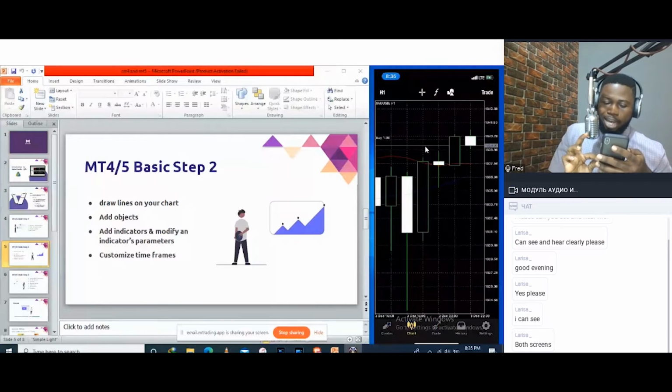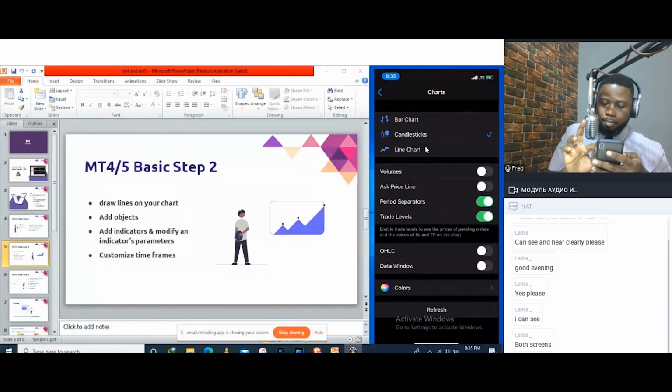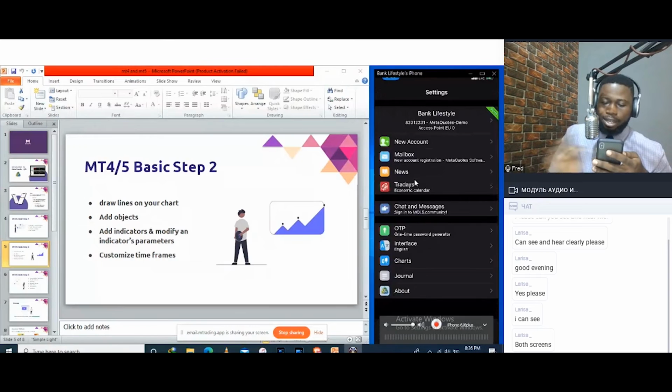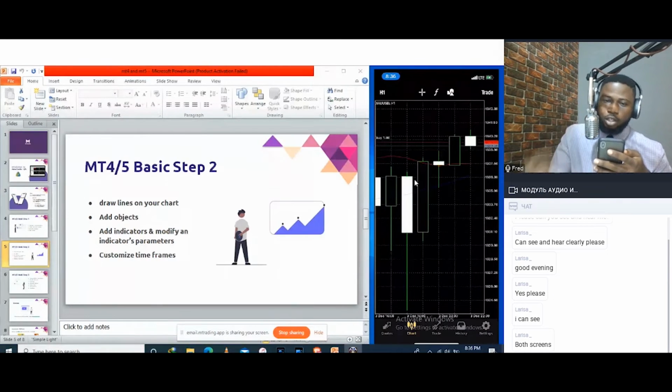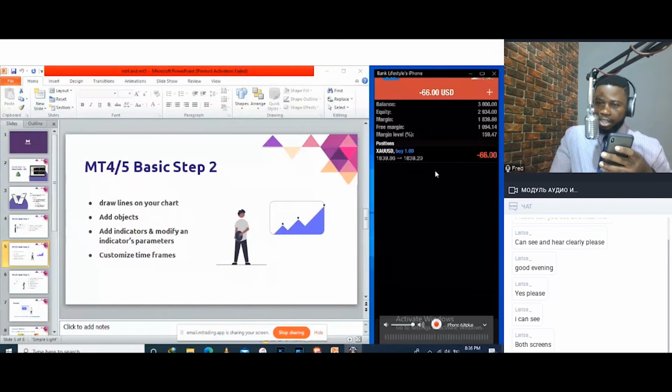So most of the time, I normally recommend people to use the ask price line, for you to have a clear idea of how vast your spread is when you are trading. So right now the trade is going against our favor. It's going in the downwards direction, and we can see we are losing a lot of money over here.